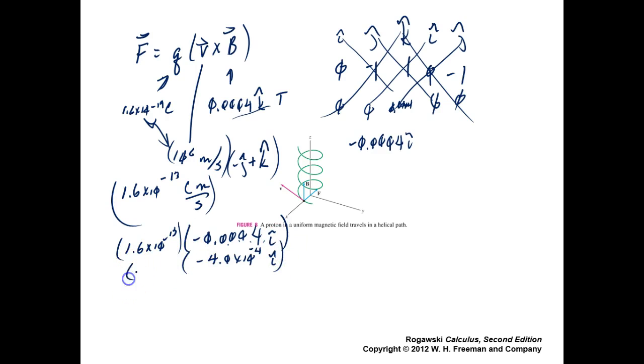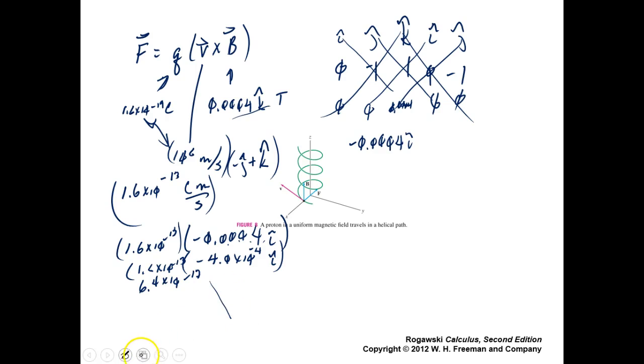And this will be 1.6 times 10 to the minus 13. We'll multiply the whole number parts, and hopefully you'll see that's 4 times 16, 64, or 6.4, times 10 to the, add the exponents here, minus 17.